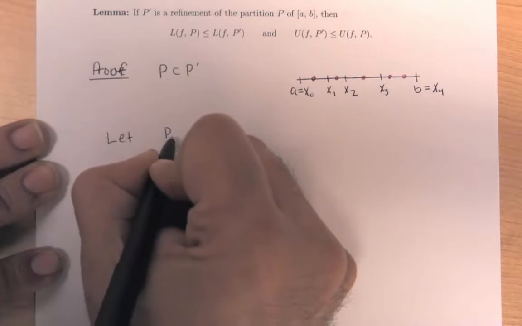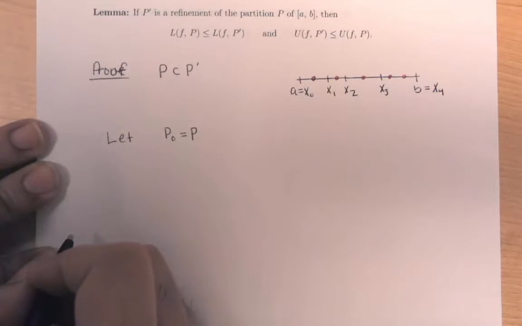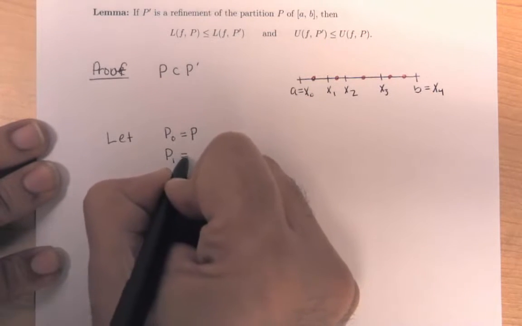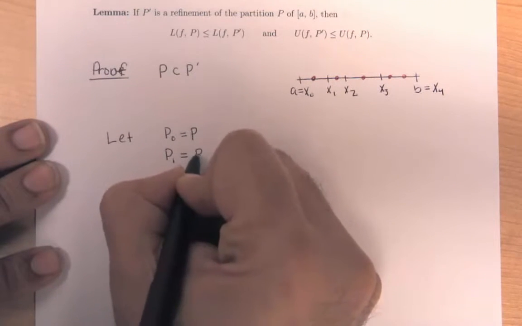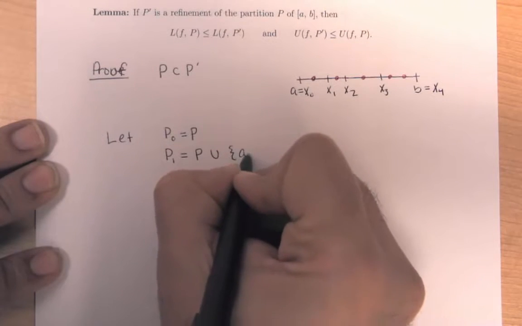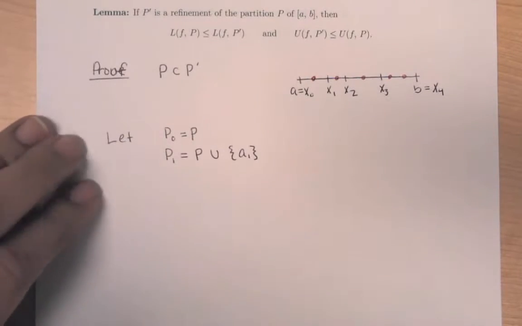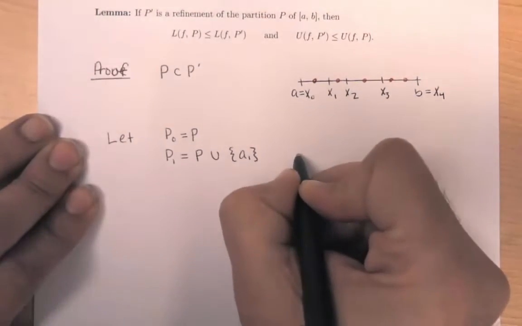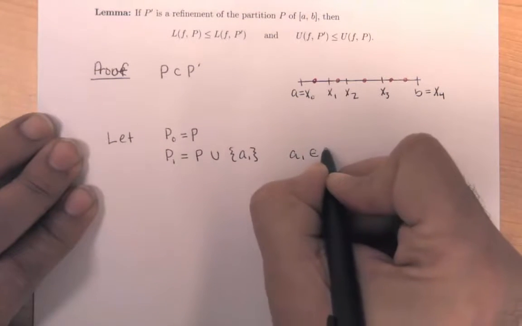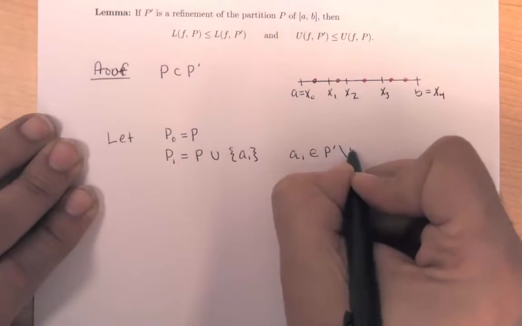So let's let P0 be our original partition. And let's let P1 be the original partition with just one more point. So P and then A1, where A1 is in the refinement, but not the original partition.